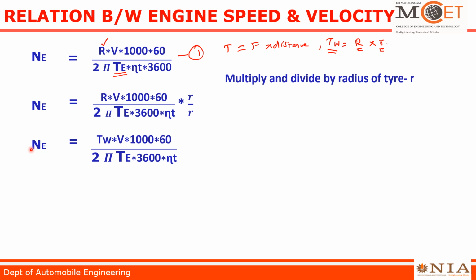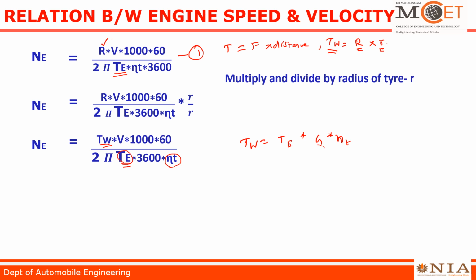And we know that TW equals TE into overall gear ratio into eta T, that is transmission efficiency. We know that very well. So to resolve this value, we have TE and eta T here.